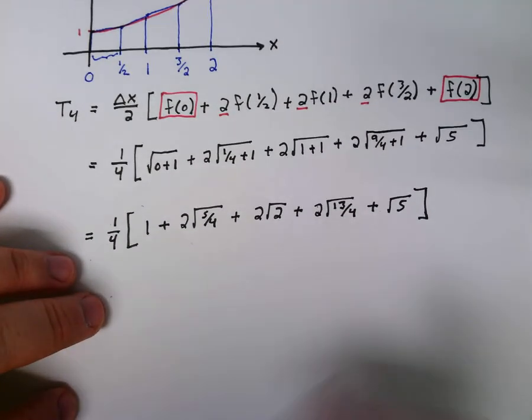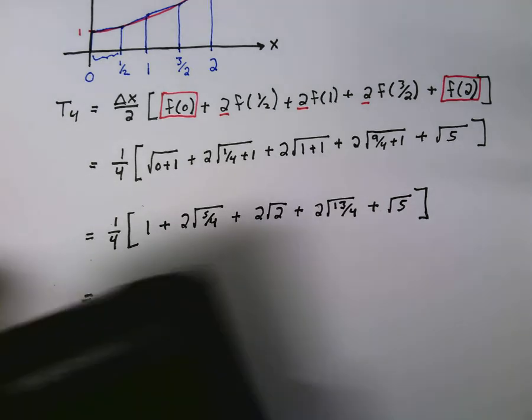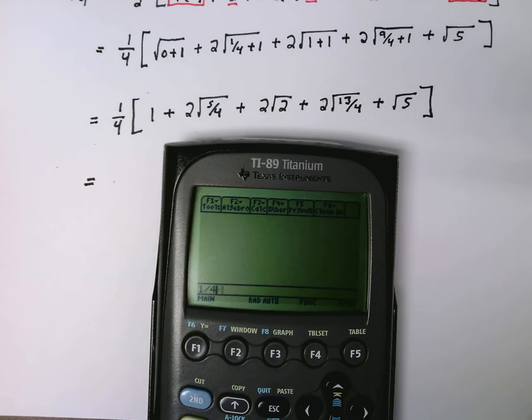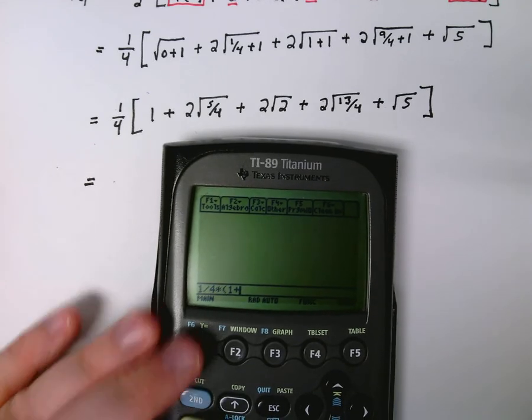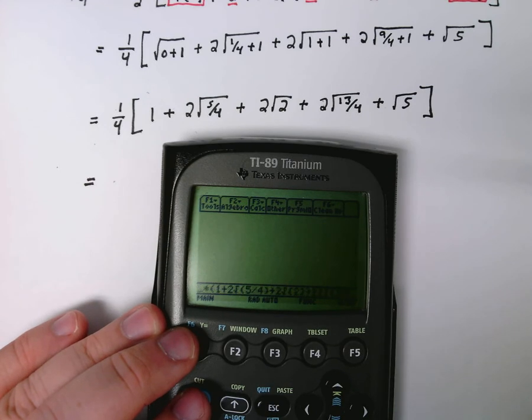Okay. Now, let's go ahead and see if we can type this out. Now, I don't have a normal calculator in my office, so I apologize. I have this beast here. Okay, so I'm going to type in 1/4 times 1 plus 2 times the square root of 5/4 plus 2 times the square root of 2 plus 2 times the square root of 13 over 4 plus the square root of 5.